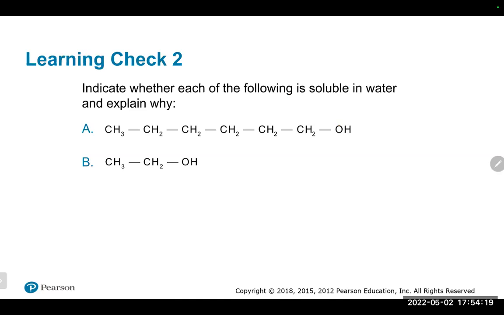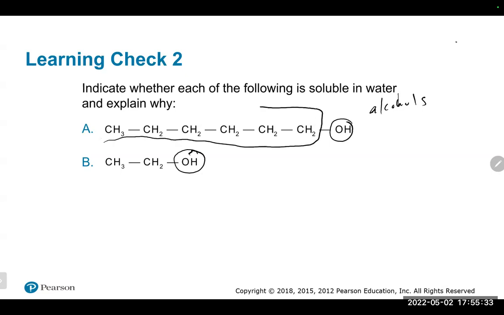All right, so indicate whether each of these would be soluble in water and explain why. Take a second. Looking at these, they are both obviously alcohols since they have these groups. When we look at the first one, we've got about 6 carbons, and as we saw from that table, at about 5 carbons it becomes pretty much insoluble.